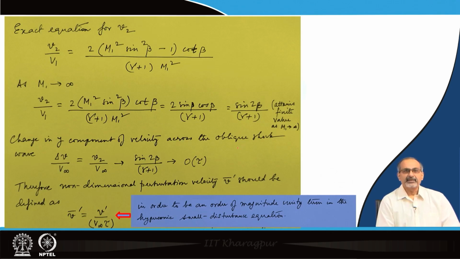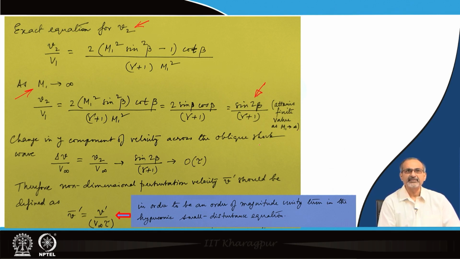So, the exact equation for V2 is given by this relation. As M1 tends to infinity, the equation would simplify to a form like this, which again attains a finite value as M1 tends to infinity.